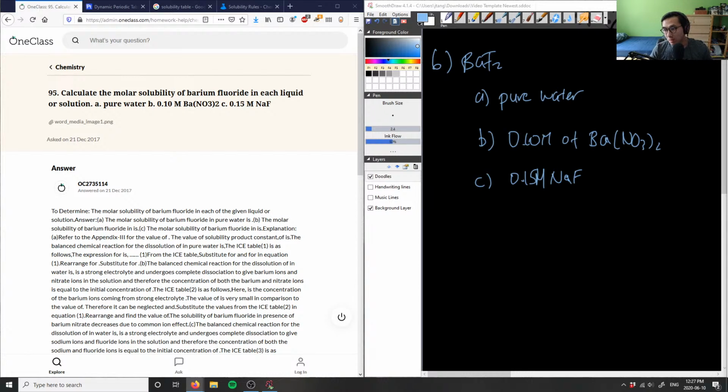So let's see. In this case, I would need to know the KSP of our solution. Give me a second here. We need to know the KSP of barium fluoride to solve this problem. One source lists 1.0 times 10 to the negative 6, which would be our molar solubility for that.